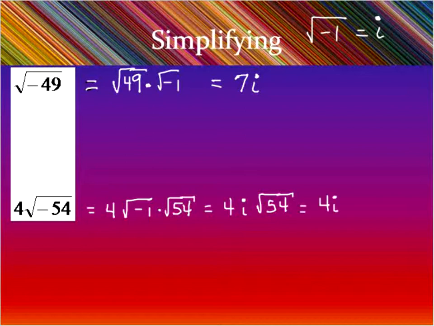I'm going to break it down into 4 times i times root 9 times root 6. Root 9 is a 3, so I have 4i times 3 times root 6. Because of the commutative property of multiplication, I can rearrange the 4 and the 3 so I can multiply them, and I get 12i root 6 as my answer.